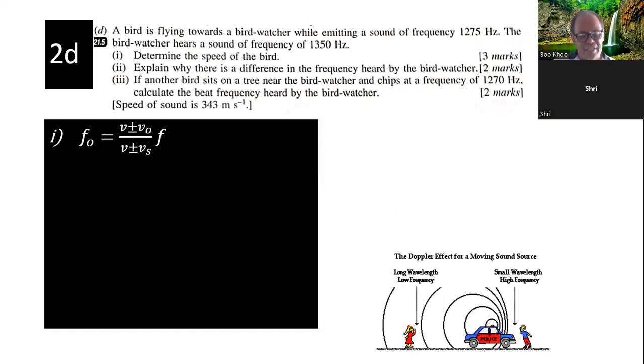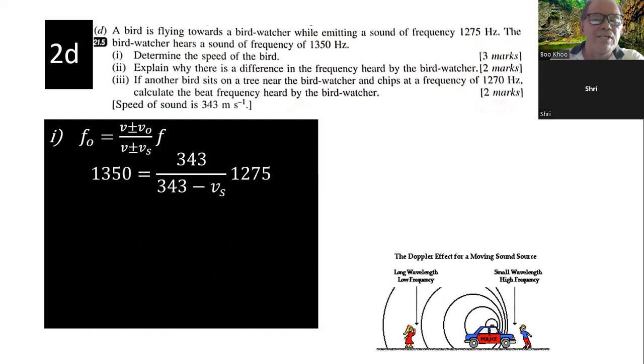V is 343, that you must know. Okay, put in your values. This is your F naught, 1275. This is your F, 1350. That's your V. And calculate your VS.